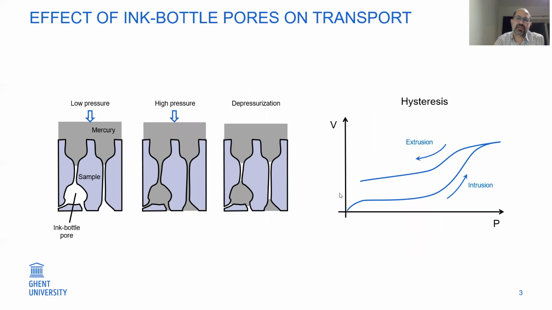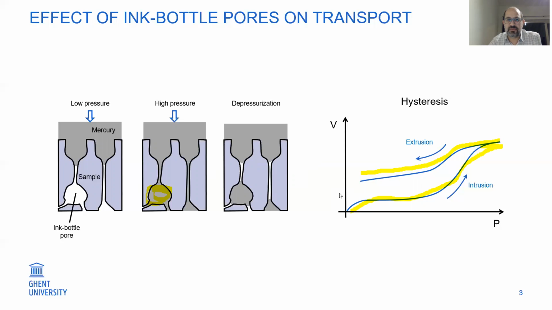Usually only one cycle of mercury intrusion porosimetry is applied. We have the intrusion hemicycle, and after we reach the maximum pressure, all the cavities inside the samples are filled with mercury, and then we start the extrusion by reducing the pressure to zero.